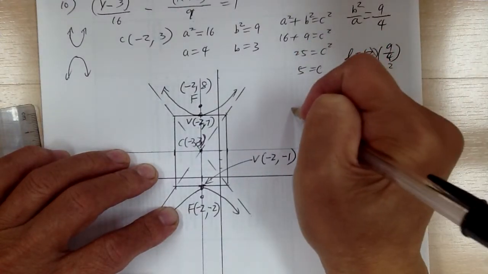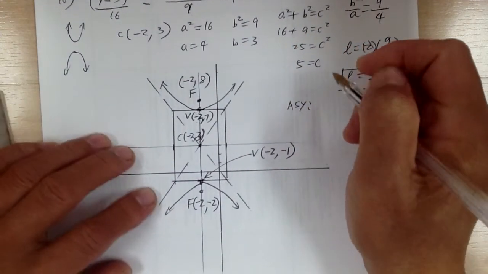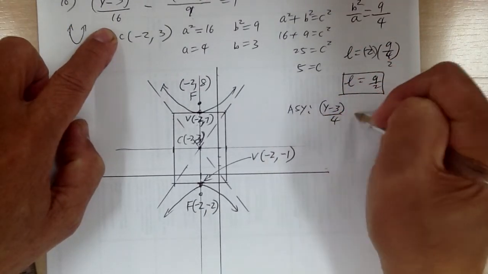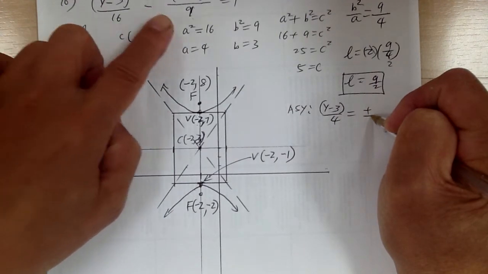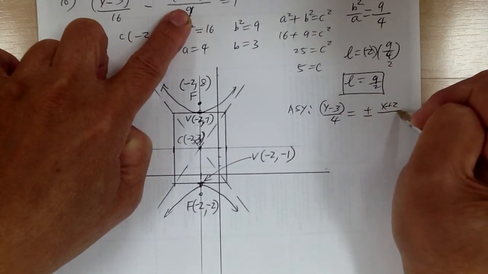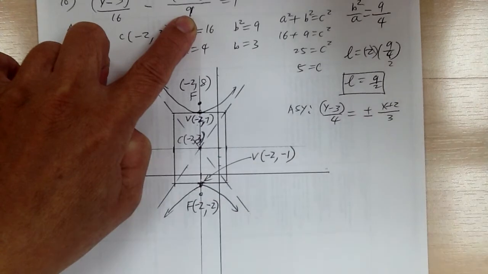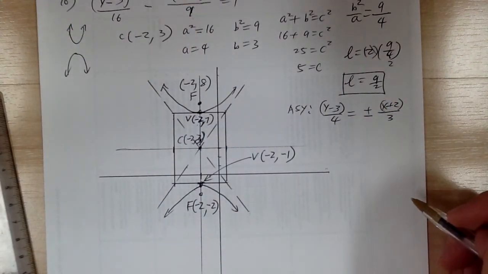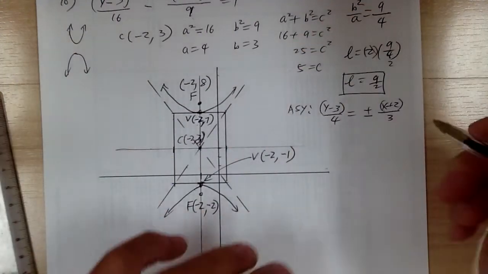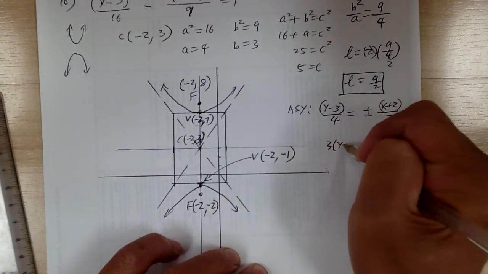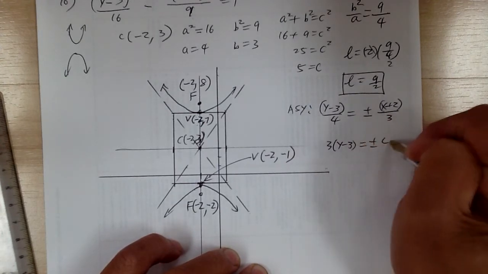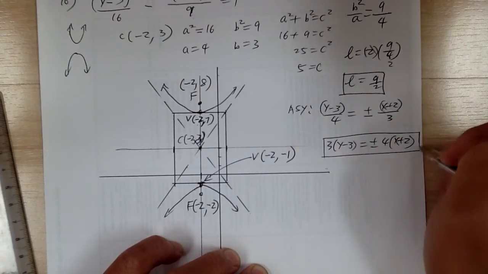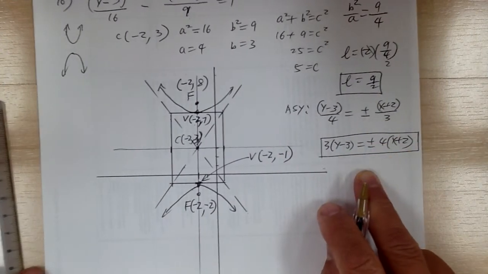And the equation for the asymptotes would be y minus 3 over 4 equals plus or minus x plus 2 over 3. Okay. And after that, you can just go ahead and cross multiply. So you get 3 times y minus 3 equals plus or minus 4 times x plus 2. This is not a very nice form, but that's good enough.